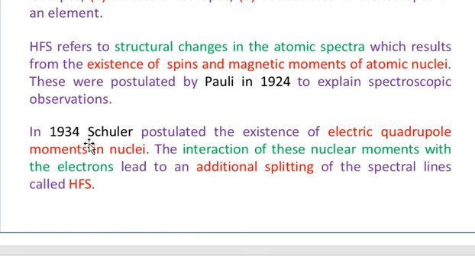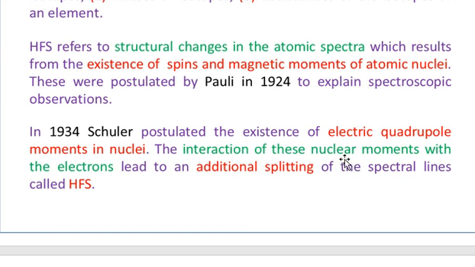In 1934, Schuler postulated the existence of an electric quadrupole moment in the nuclei. So you see that we have been discussing the magnetic moment; now I am talking about the quadrupole moment in the nuclei.